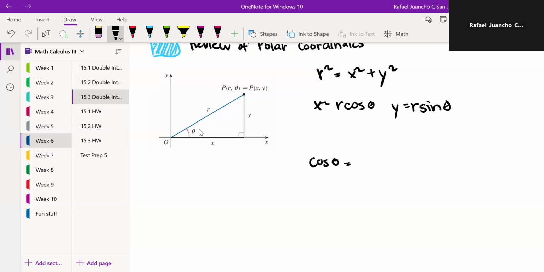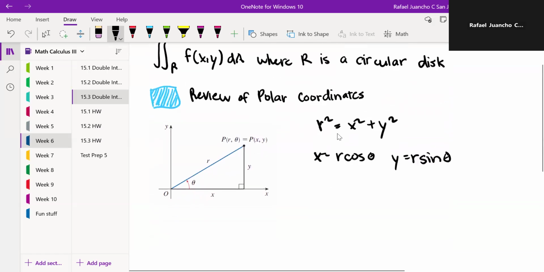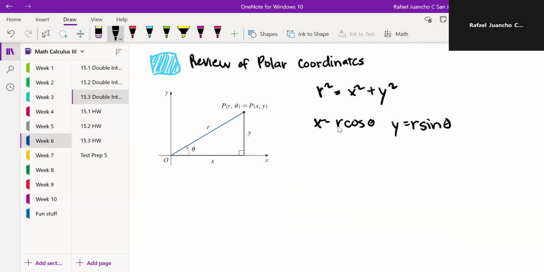Cosine theta is the adjacent side over the hypotenuse, and so I could just multiply both sides by r. And there you have it. It's the same for y equals r sine theta. We're getting the opposite over the hypotenuse, and then multiplying r to both sides. So that was the algebraic explanation behind it.